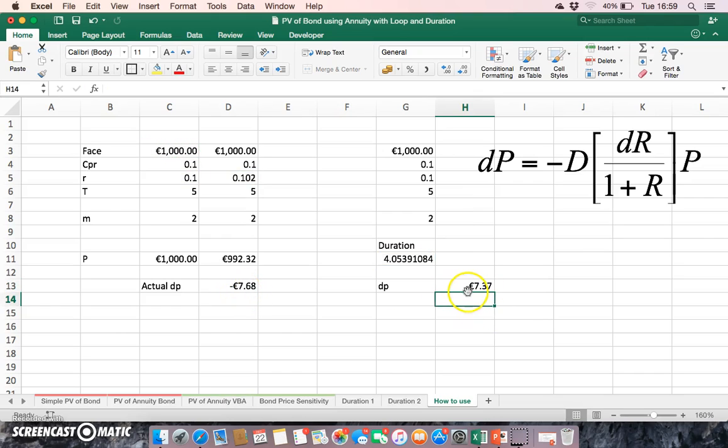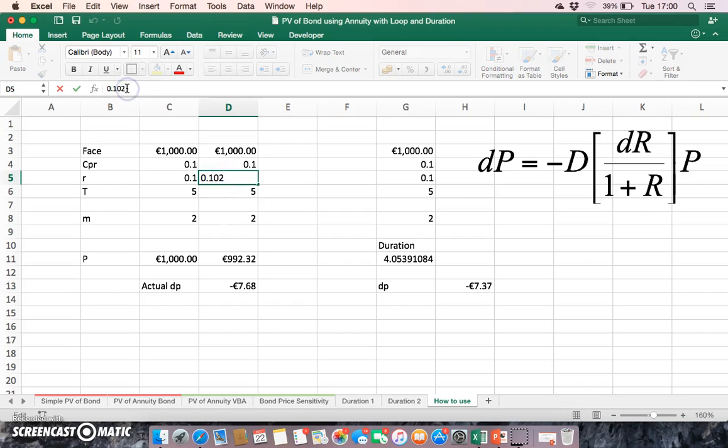Okay, so from duration we would anticipate, for this change in the level of the interest rate of 2 basis points, using the duration model, that the bond price would have fallen by 737, but the true fall we know to be 768. If we made this actually smaller, it tends to become somewhat more accurate.